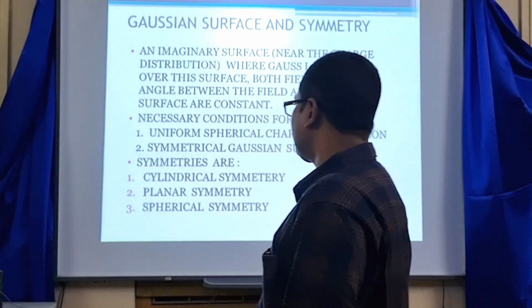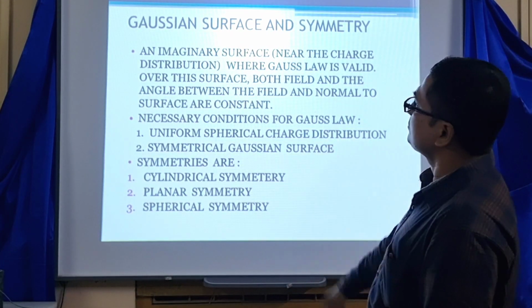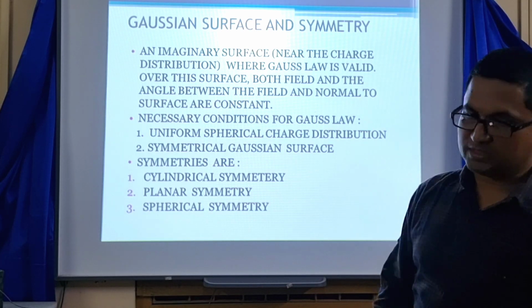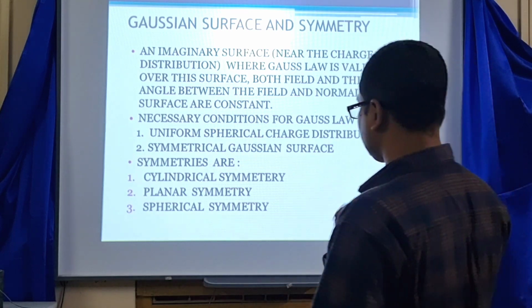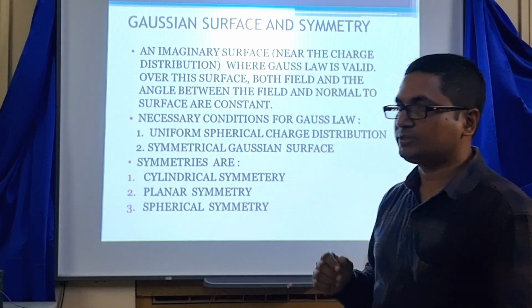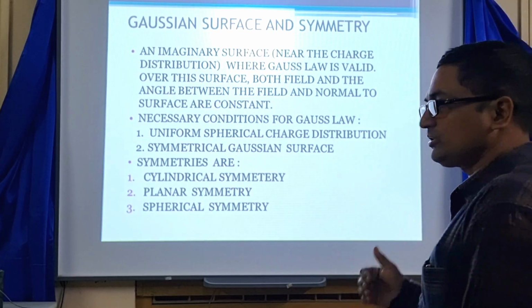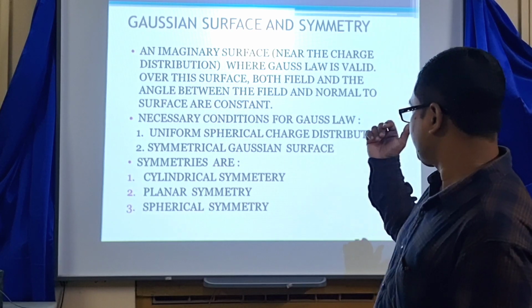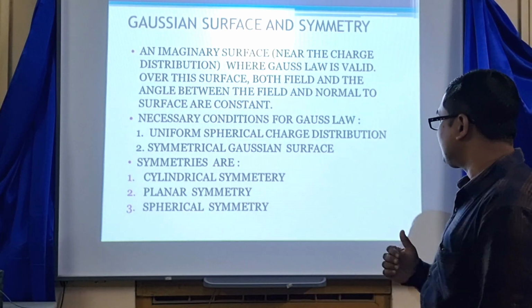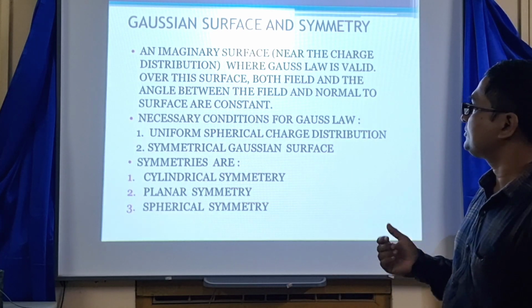And then there is a very important thing related to continuous charge distribution, which is the Gaussian surface. This Gaussian surface is related to Gauss law, and it's an imaginary surface. For mathematical convenience, we use this surface to apply the Gauss law, where we can find that both the field and the angle between the field and the normal of the surface are constant.